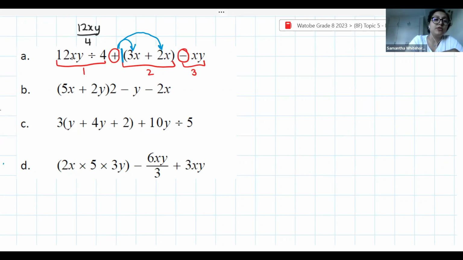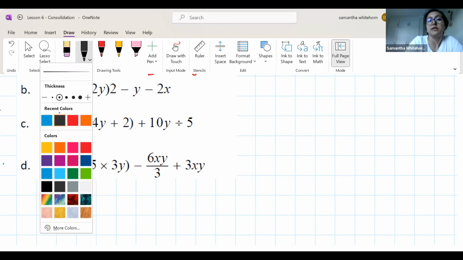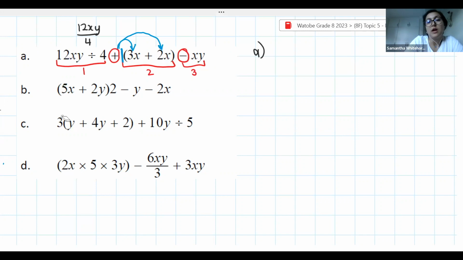So if we go and do this question A, I'm just going to do it on the side here. Our first term is that fraction or that division of 12xy divided by 4. Then we've got the plus. Now remember, 1 times 3x is just 3x, and 1 times 2x is 2x. And then we've got that final minus xy.